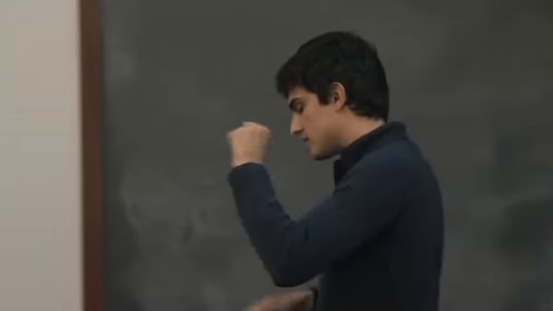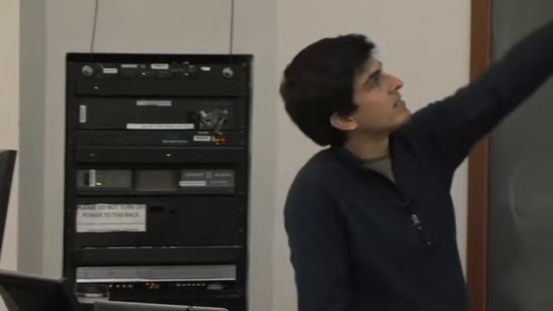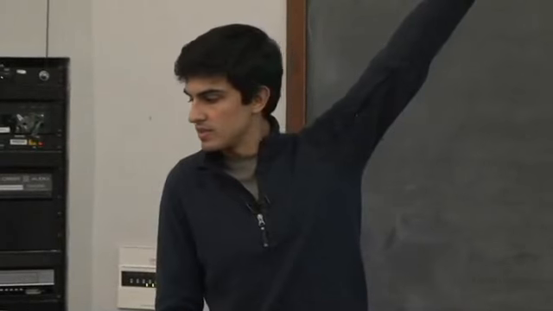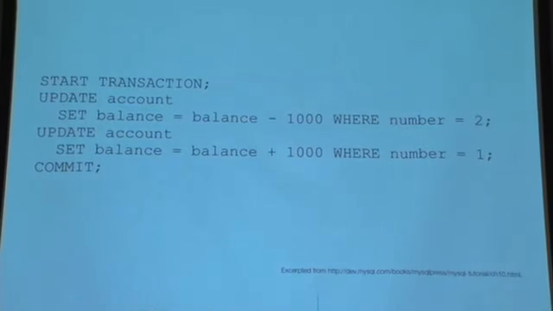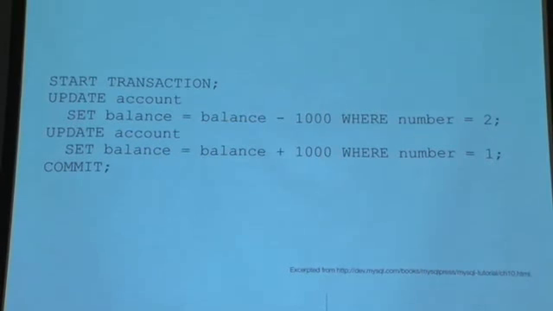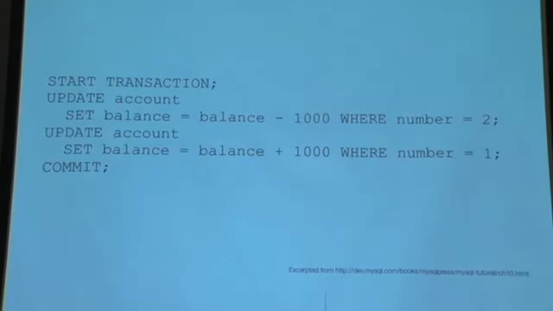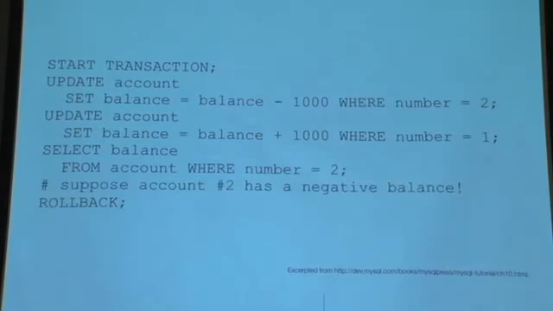This transaction will only happen when the commit occurs. You notice that there's a commit statement here. When commit is run, that means that these two statements will be run atomically, and you will not have a race condition between the two.